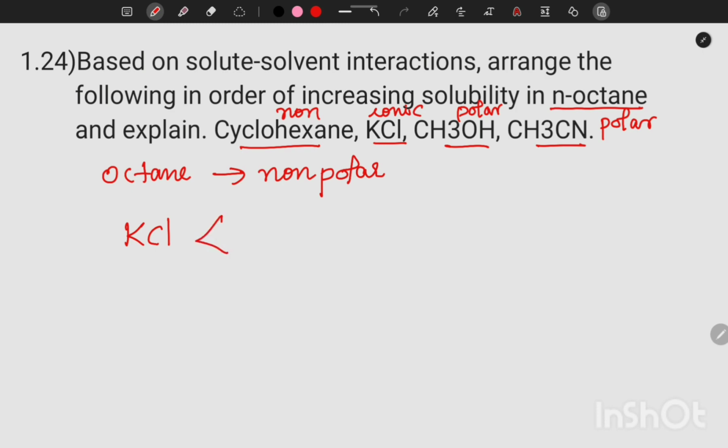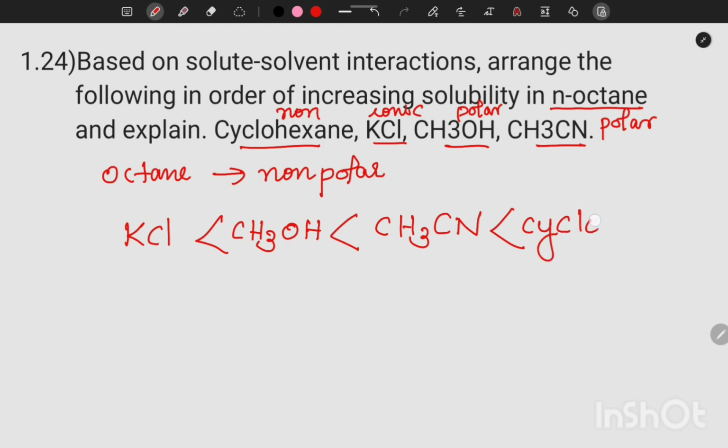Then out of the polar ones, CH3OH is more polar than CH3CN. So CH3OH is less soluble than CH3CN. Then cyclohexane is non-polar, so that is soluble in octane, because octane is also non-polar.